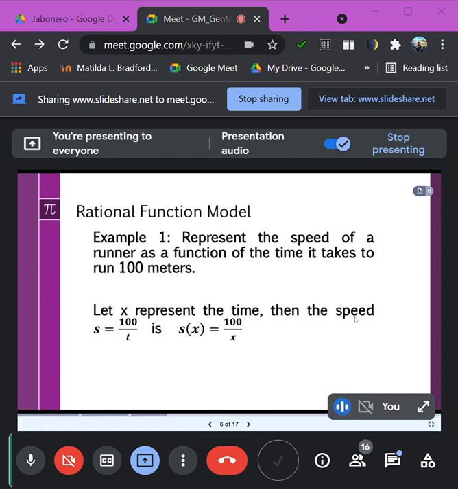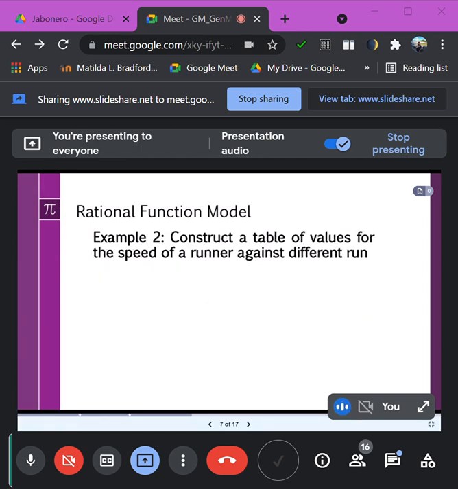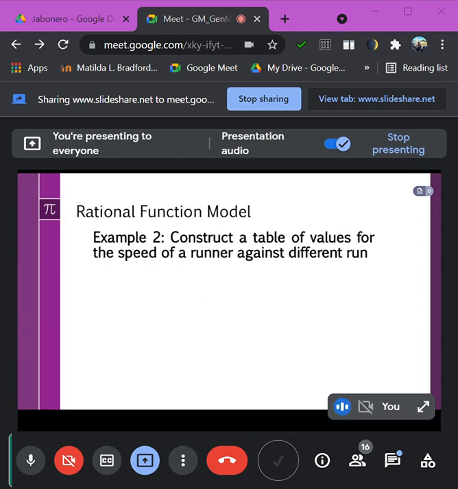So if we are going to represent this, we're going to use the table of values, just like what Ando said a while ago. A table of values is very easy to look at when it comes to solving or putting together your ordered pairs.